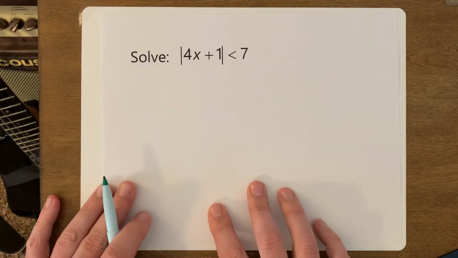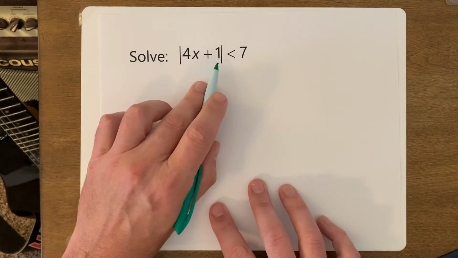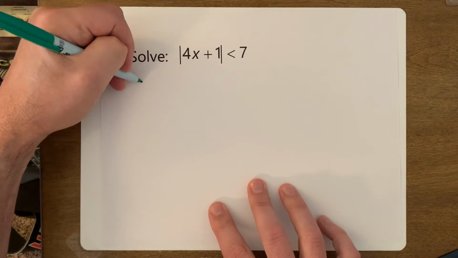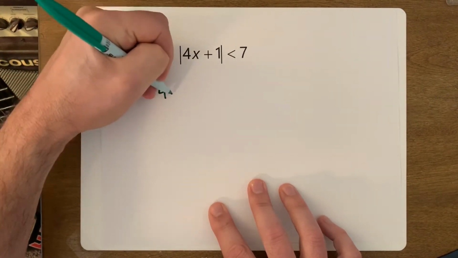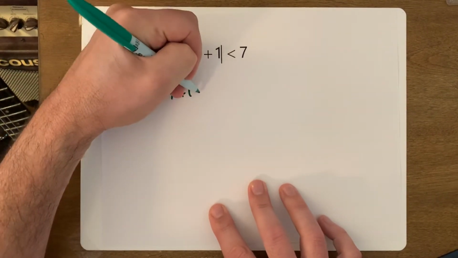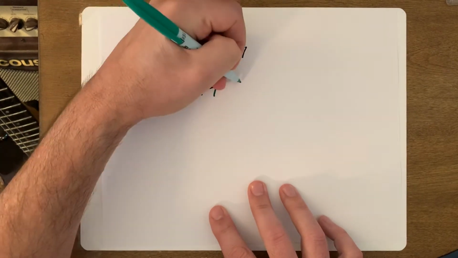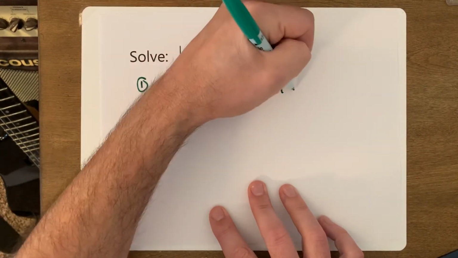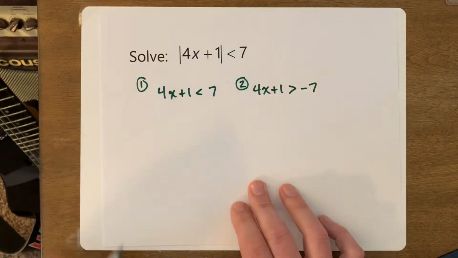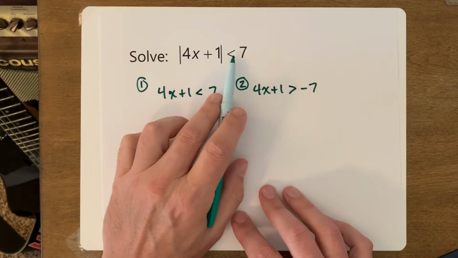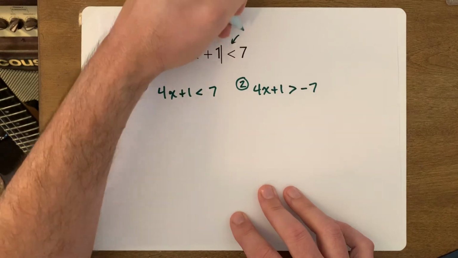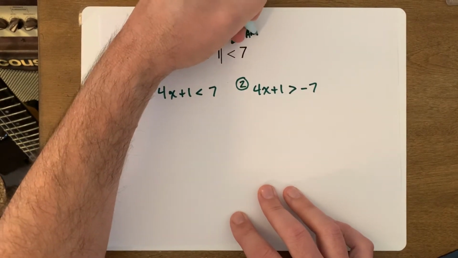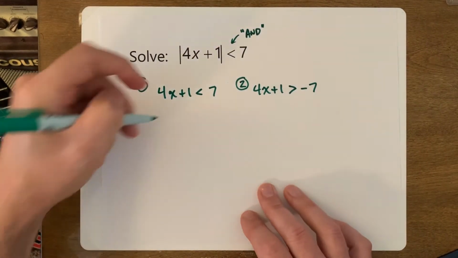So this time we have the absolute value of 4x plus 1 less than 7. So we have 4x plus 1 less than 7. And the second one, 4x plus 1 greater than negative 7. And we know that that's going to be an and because it's pointing to the left. So in class, I usually do this. All right, so solve these.